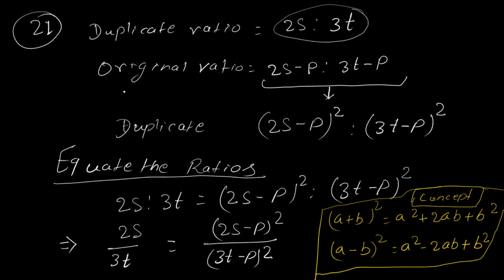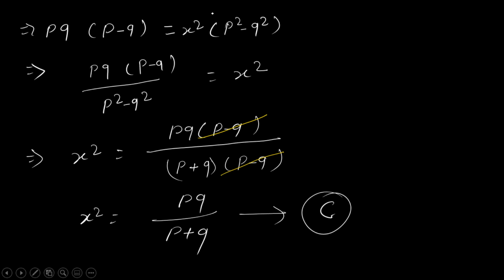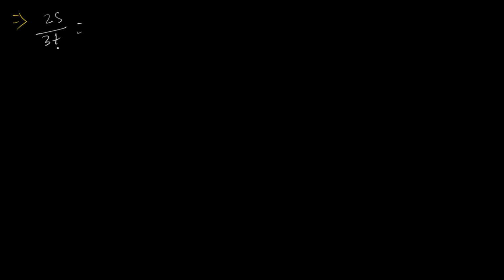Let's write first. 2s divided by 3t equal to 2s minus p whole square divided by 3t minus p whole square. Understood? Yes, sir. 2s divided by 3t.